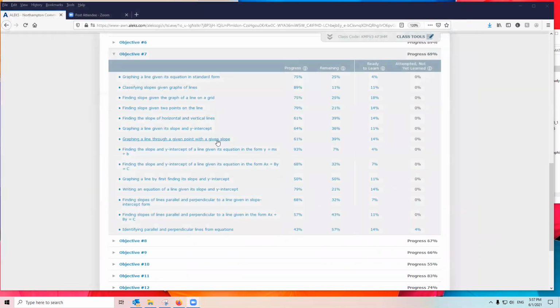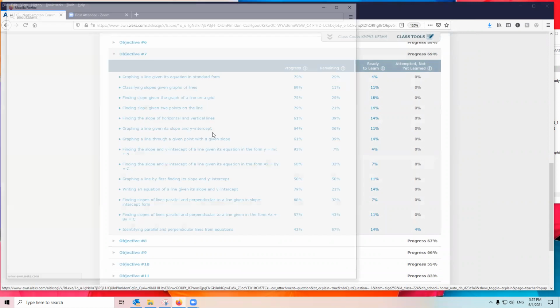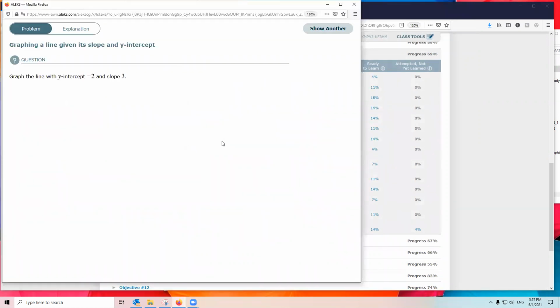All right. How about if they want us to graph a line using a slope and y-intercept. Here's what I could do. The first thing is, whenever they tell me a y-intercept of -2, that means I know the graph crosses through this point -2 on the y-axis.